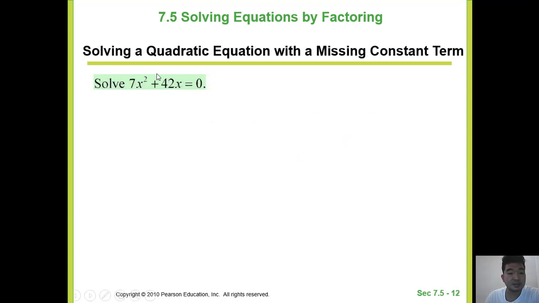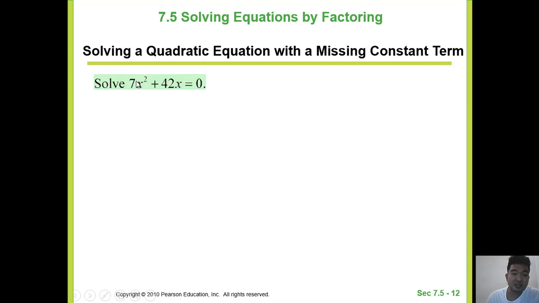Here's another example. 7x squared plus 42x equals 0. This quadratic equation is in standard form already, but there is a missing constant term here. And we do not have any problem with that because as I mentioned earlier, for it to be called a quadratic equation, a must not be equal to 0.